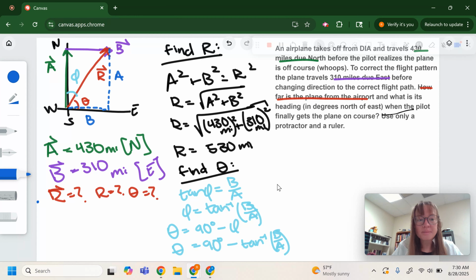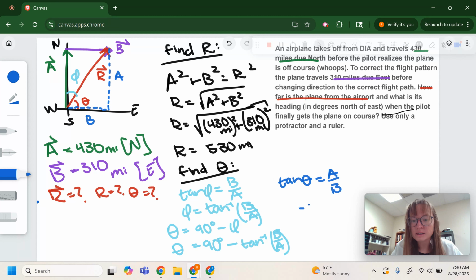If we trap theta into a little triangle, then we see that tangent of theta is now equal to opposite over adjacent, A over B. And then if you want to find theta, you can just take the inverse tangent of both sides.